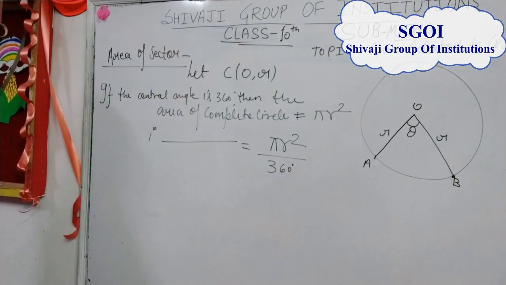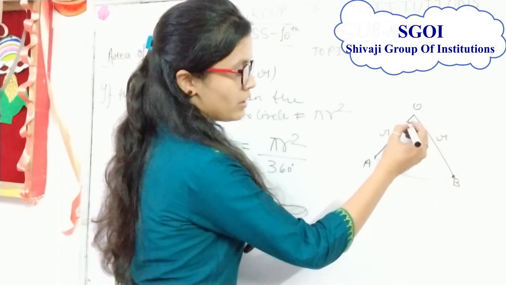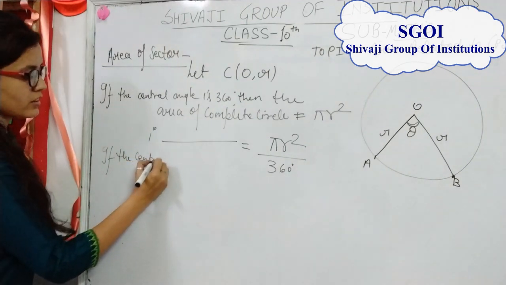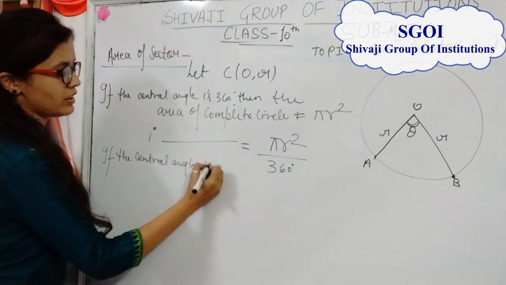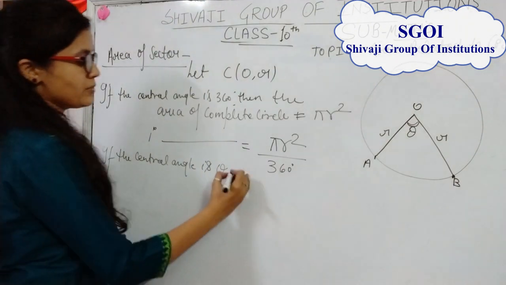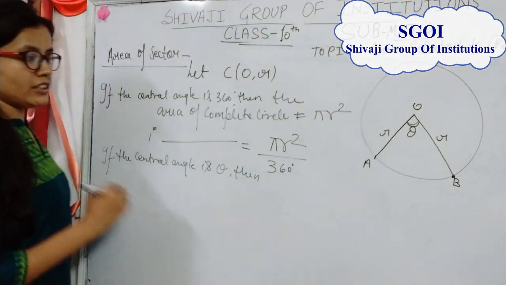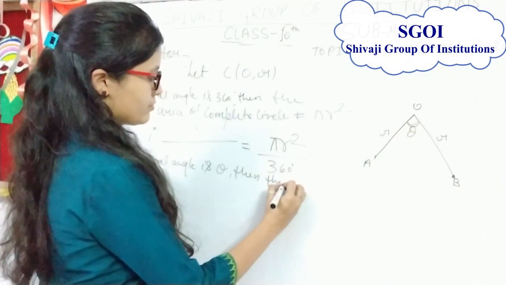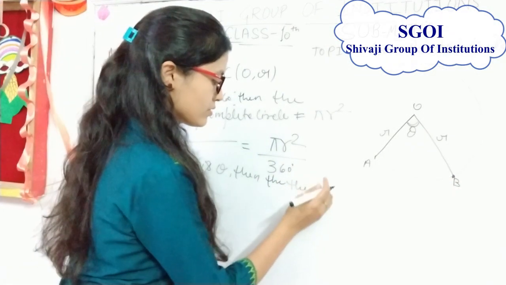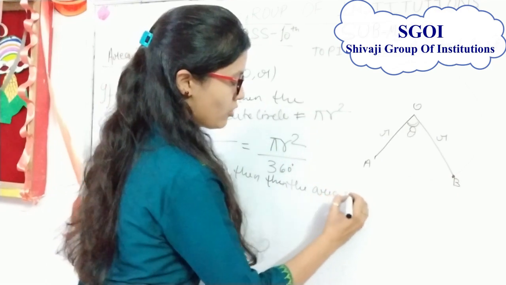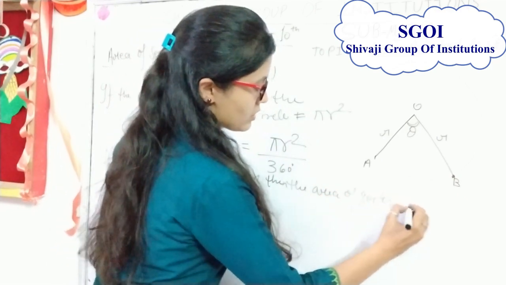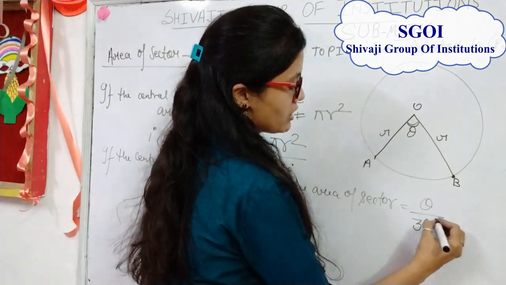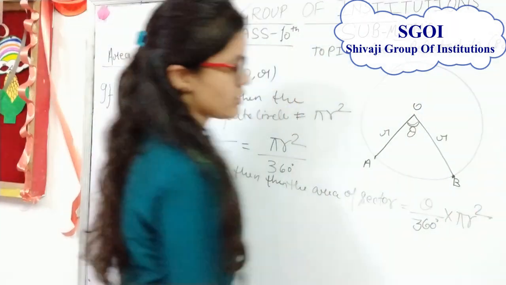Now again, if the central angle is theta, then the area of the sector is theta upon 360 into pi r square.